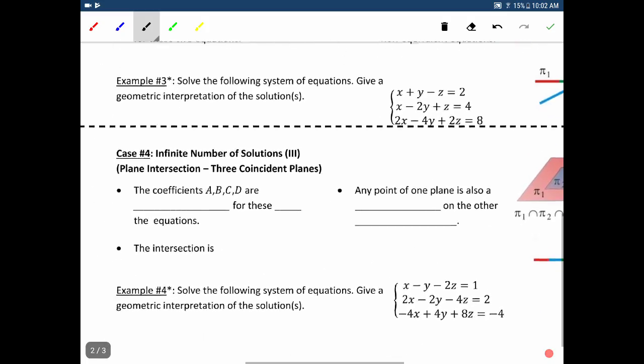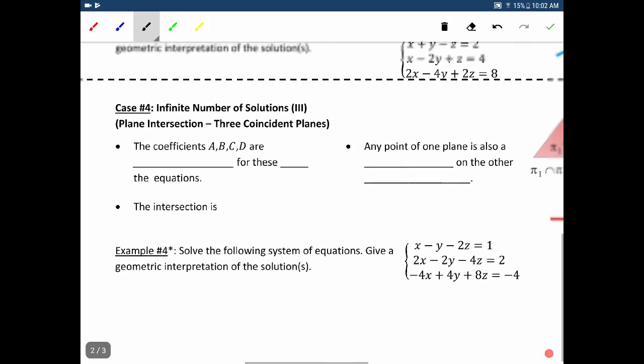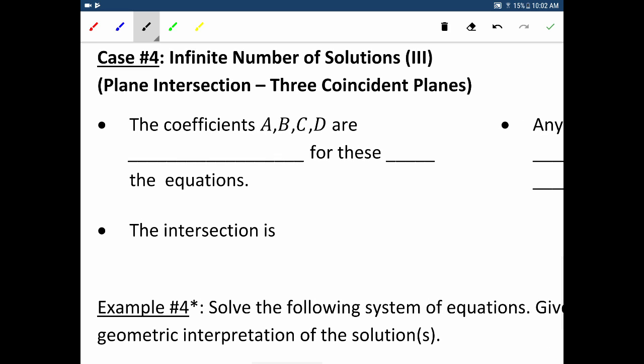So, number 4, the final possibility for there being a solution. This is where all three planes are coincident. Okay, so the coefficients A, B, C, and D are proportional for all three equations.